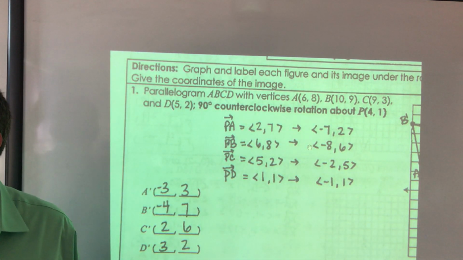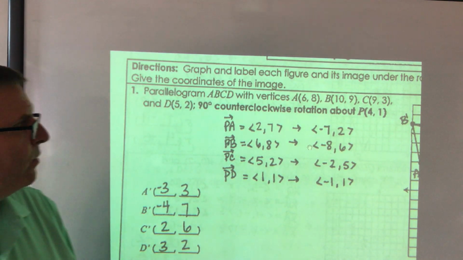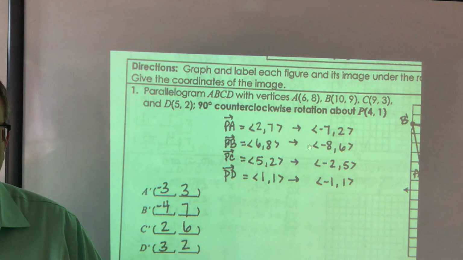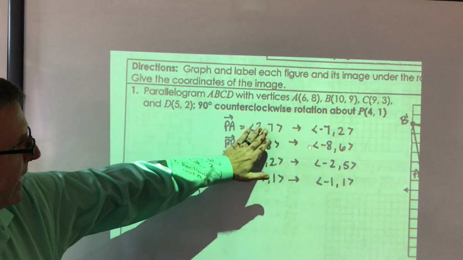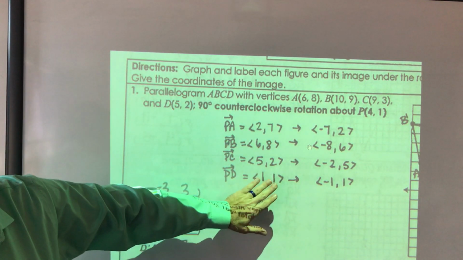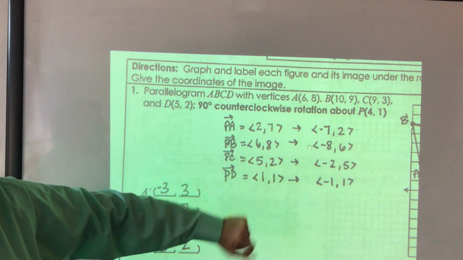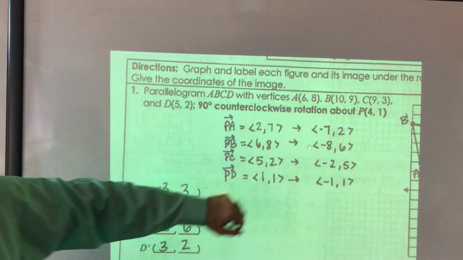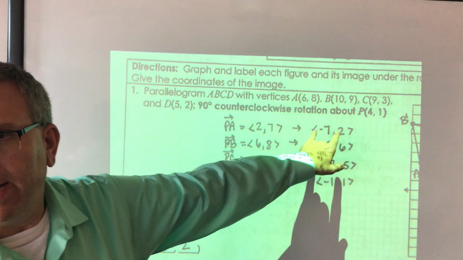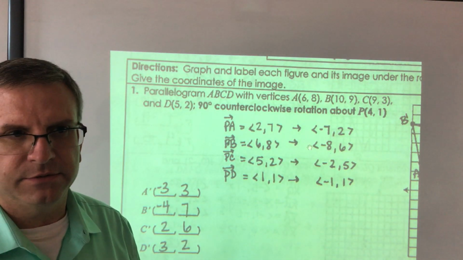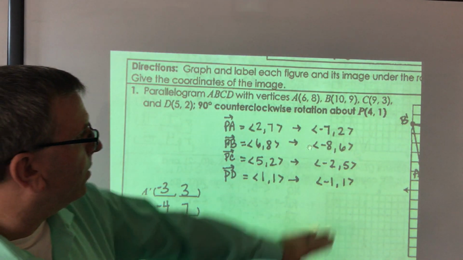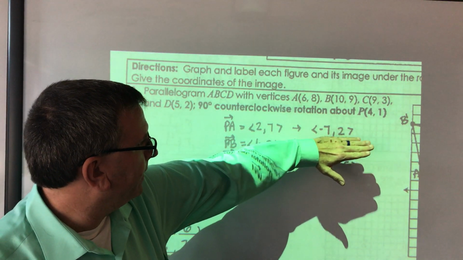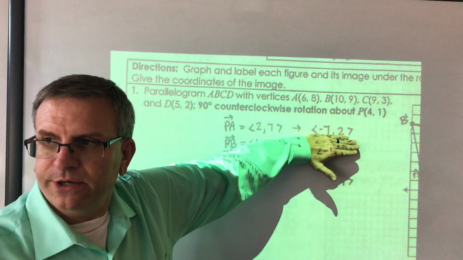Everybody good on how to go from the vectors by applying the rule? All right, so now here's where the actual math part comes into play. We counted, and then we applied a rule, making sure you apply the rule correctly. Now I have to apply this vector to the point of rotation, if you go back to your notes.